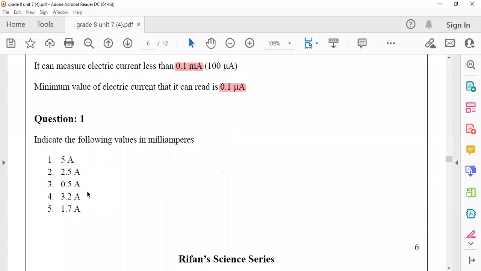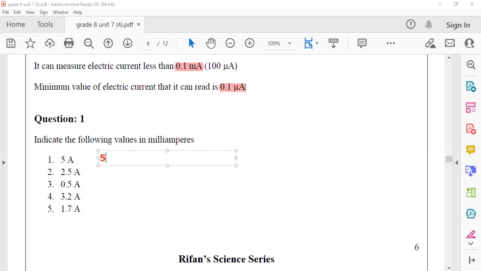In this one, you are given some questions. Indicate the following values in milliamperes. How many milliamperes in 1 ampere? 1000 milliampere.